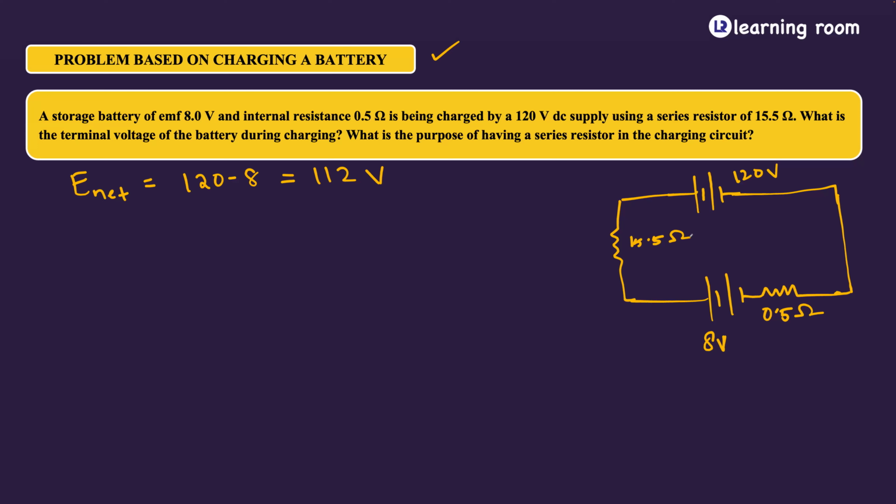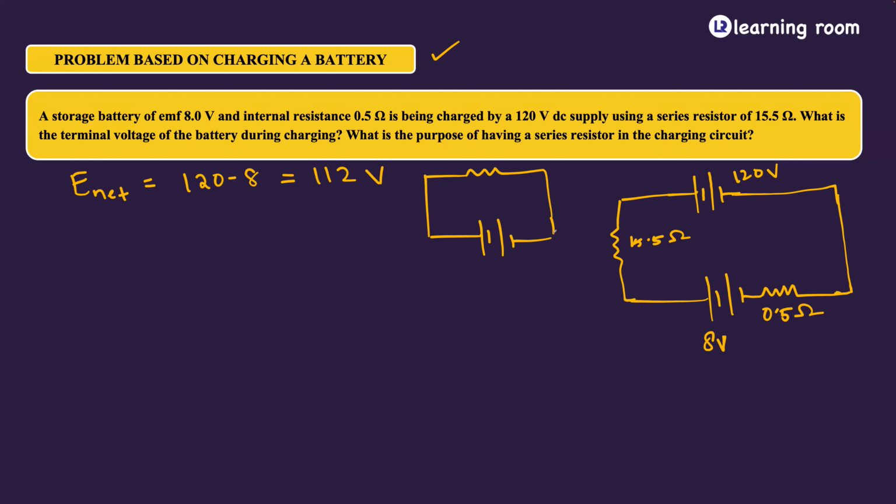So this 120 and 8 get cancelled and become a 112 volt battery, which is connected across a resistor of 15.5 plus 0.5, which is going to be 16 ohm, meaning the new circuit will look something like this.